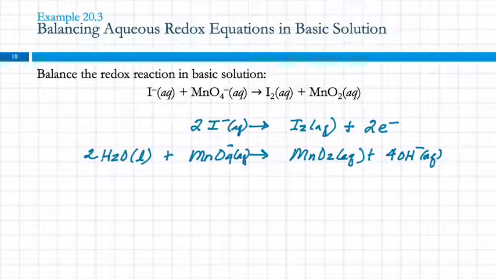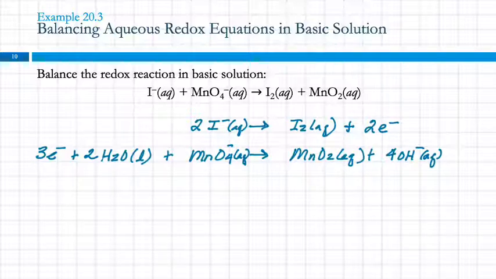I don't want to forget that he's there. So 4 negative charges, and over here on the left side I have 1 negative charge. So how many electrons do I need to make -1 into -4? 3. So 3 negative charges and 1 is a total of -4. And then over here I have -4. So I balance the charges out using electrons.